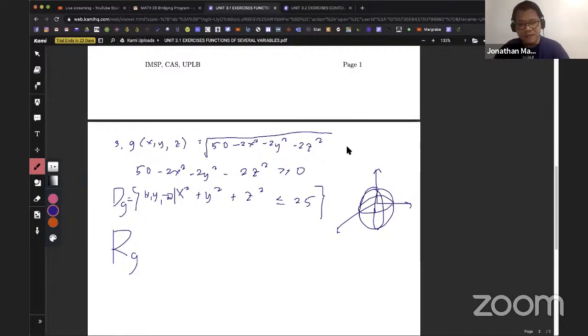If you factor out 2 from the expression, what do you get? You will get square root of 2 times the square root of 25 minus x squared plus y squared plus z squared.